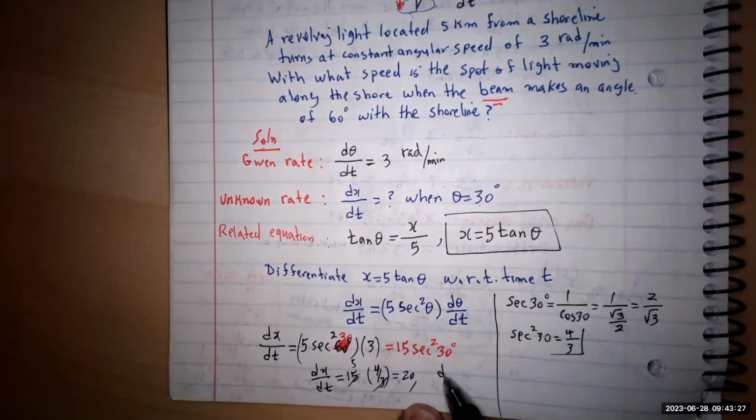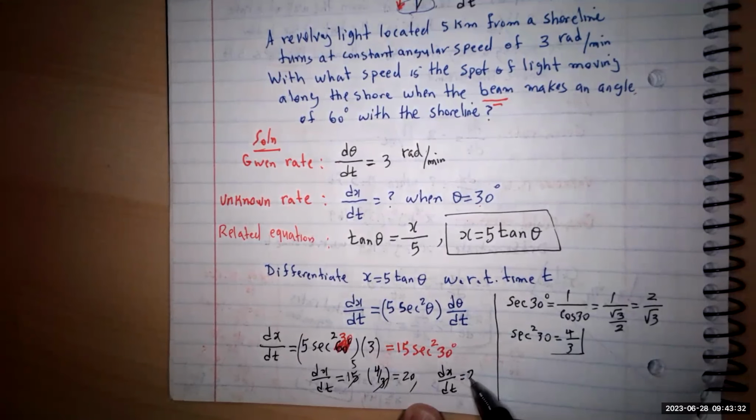So this is going to be the speed of the beam, right? It's going to be 20. What's the unit for this one? x is the distance, and this is the time. What's going to be the distance unit in this problem?